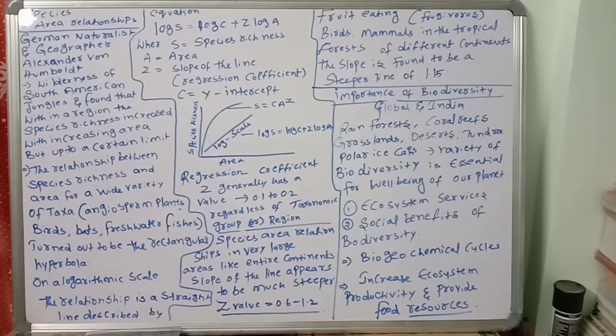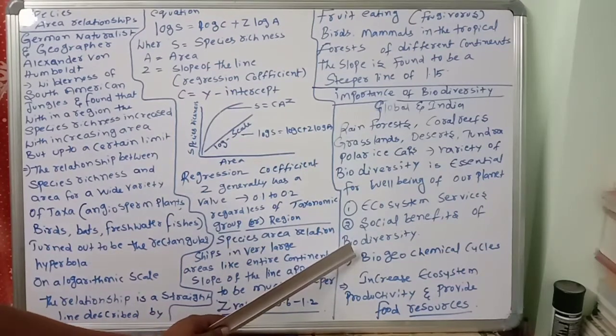For example, see now, the organization and functioning of ecosystems the world over is affected by and depends on biodiversity. For example, take one ecosystem. That ecosystem's functioning and complete working conditions depend on biodiversity. How? For example, you see different animals, different beings living there. So automatically what takes place in the ecosystem?